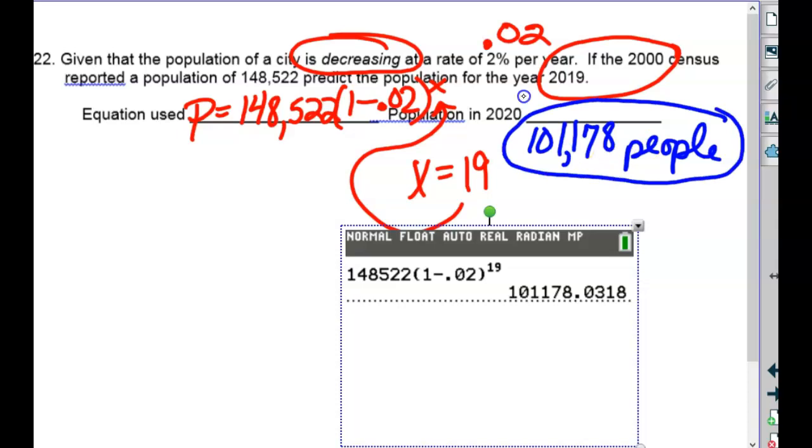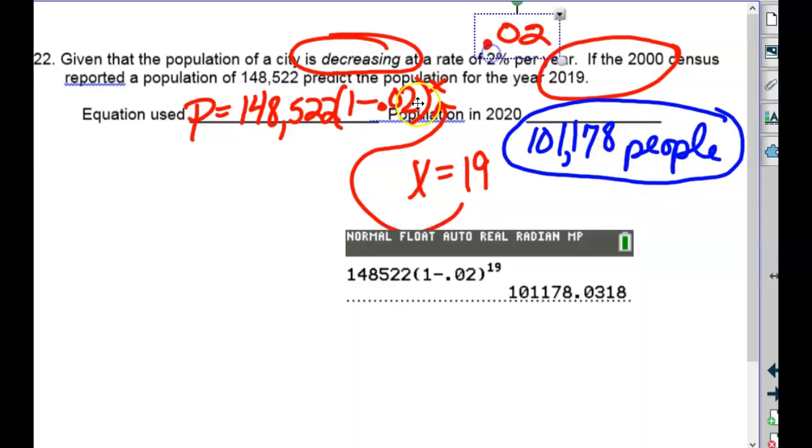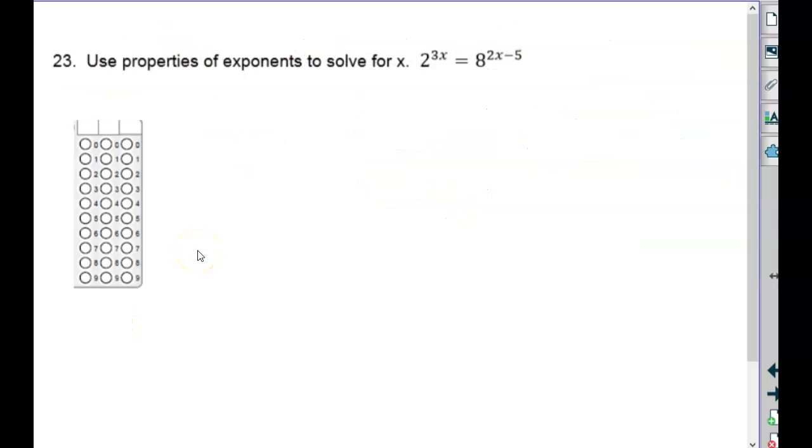Okay. And if that was a gridded response question, it would probably ask you to only grid the people. I think it's a free response question, though. All right. This is what Ms. Abruzzo calls a baby base question. You need to make those bases the same.